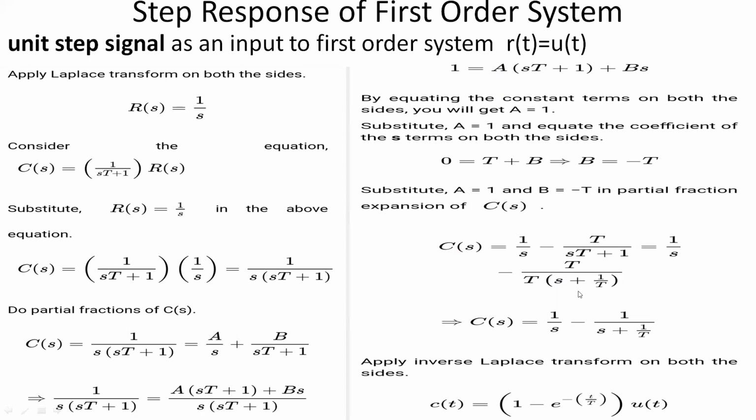Because to apply the inverse Laplace transform, there should not be any coefficient for s. So ultimately we get C of s is equal to 1 by s minus 1 by (s plus 1 by tau). If we apply the inverse Laplace transformation on both sides, we get the time domain output C of t is equal to 1 minus e power minus t by tau, into u of t. If we expand this, we get u of t minus u of t into e power minus t by tau.